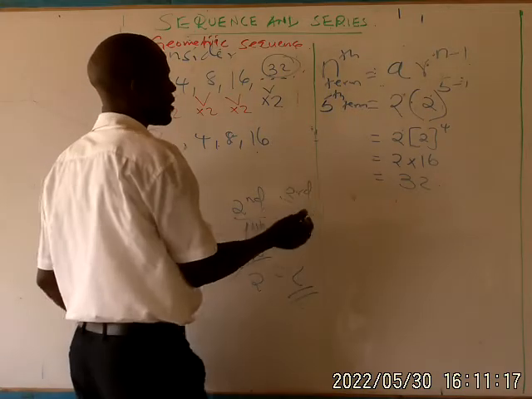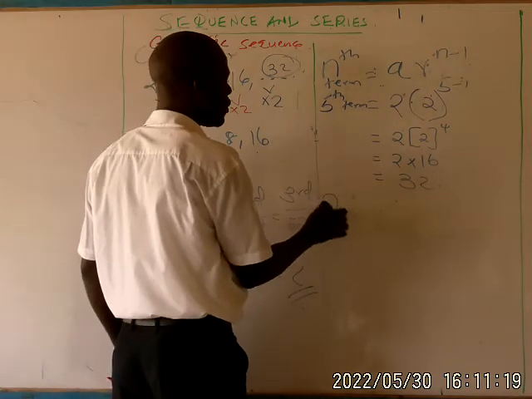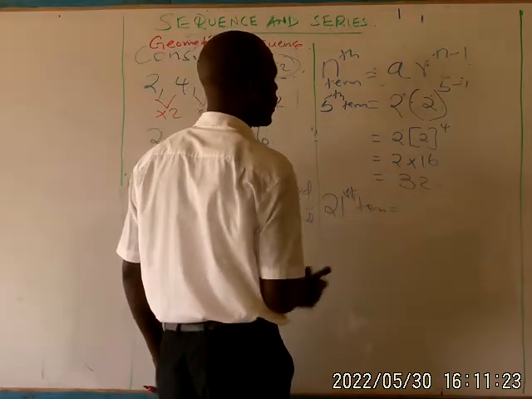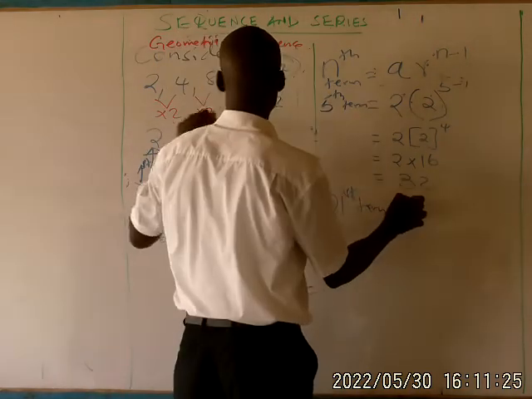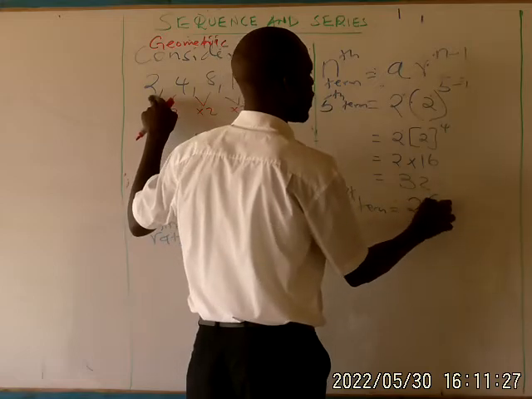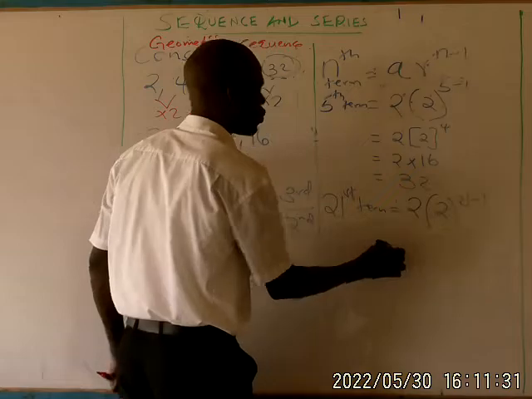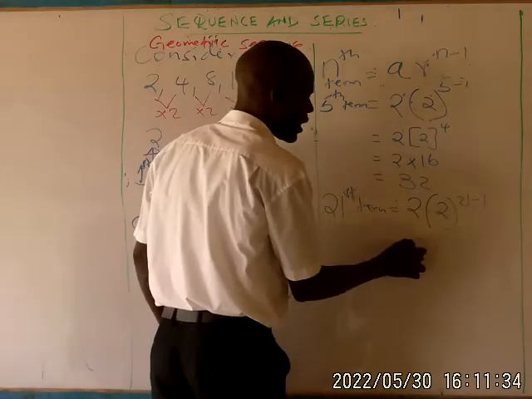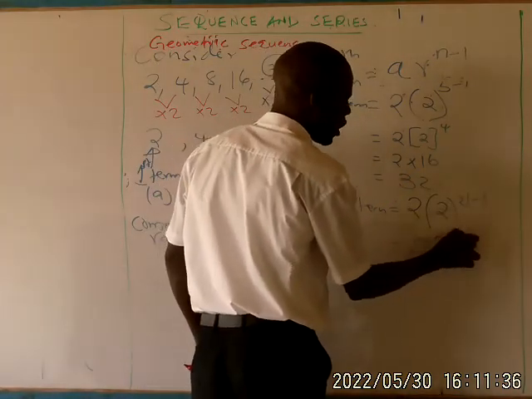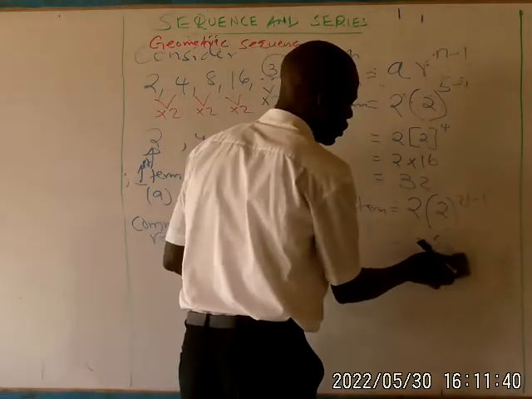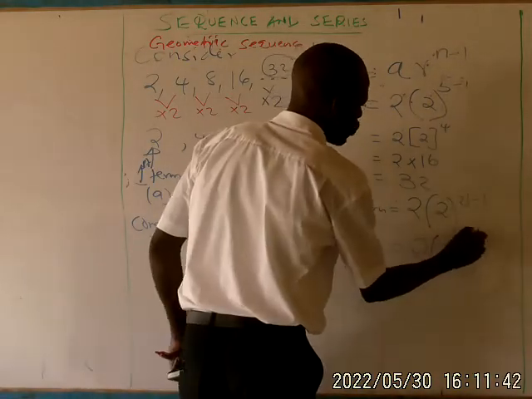So that if you are asked, for example, for the 21st term, you can simply get A becoming 2, R becoming 2, then 21 minus 1, you get 2 times 2 to the power 20.